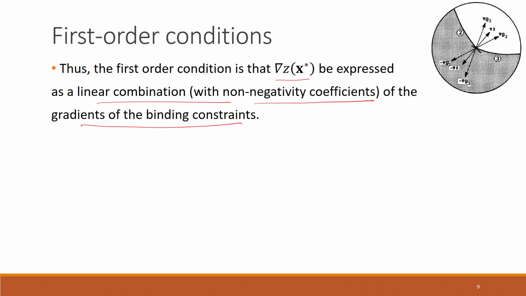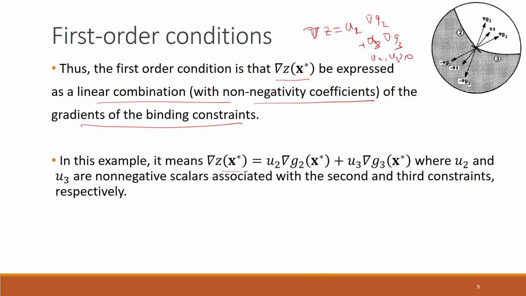So what it is saying is that you should be able to express the gradient of z as u2 times the gradient of g2 plus u3 times the gradient of g3, where both u2 and u3 are non-negative. So it is saying that this gradient of the function z at this point can be expressed as a linear combination of the gradients of the two constraints which are binding here.